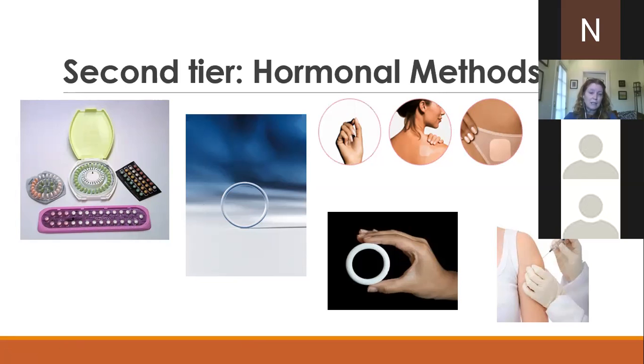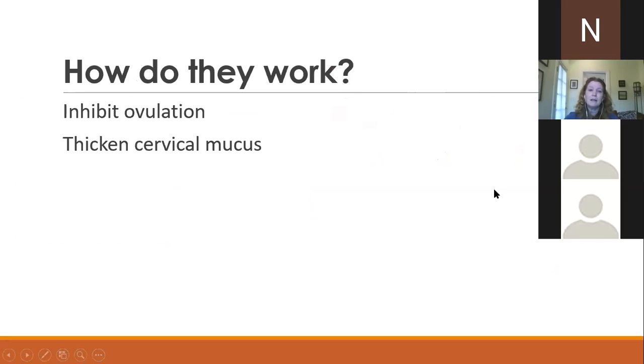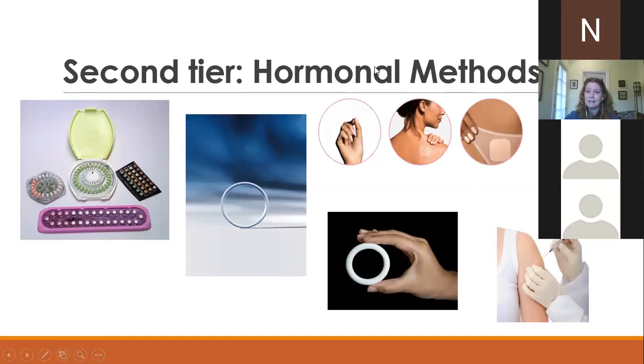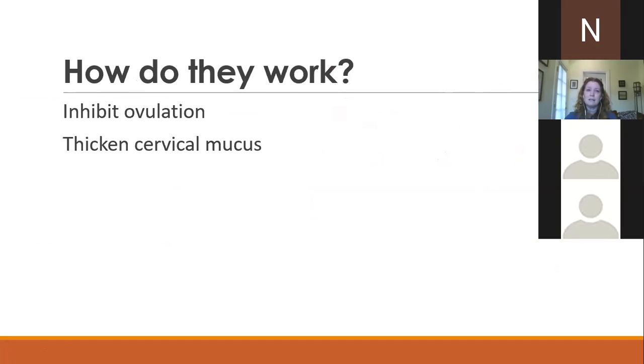And then the vaginal ring is a monthly method, or this one that's reusable, good for a year. I haven't had people on that, but I think that's coming. And then there's also a shot that is good for 3 months. I think that's fallen out of favor now that we have the implant, because the implant is a much, much lower dose of hormone, and it's good for 3 years instead of 3 months.